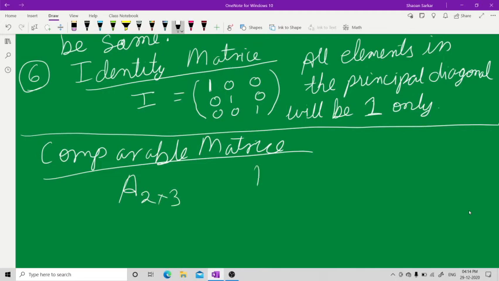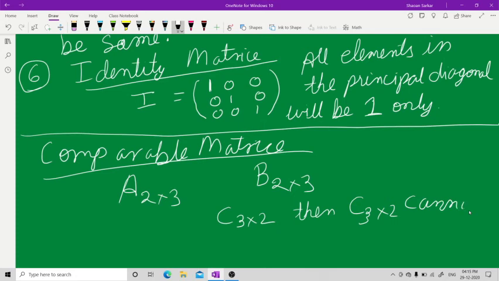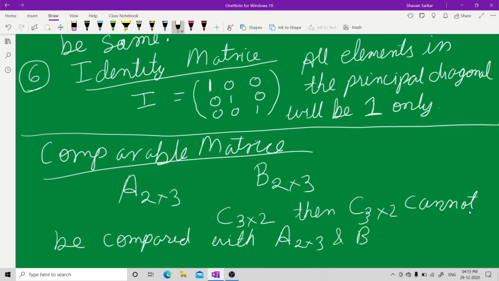There is another matrix B, which is also 2 cross 3. Then we can say this is comparable. But if C is 3 cross 2, then C cannot be compared with A, which is 2 cross 3, and B, which is 2 cross 3.